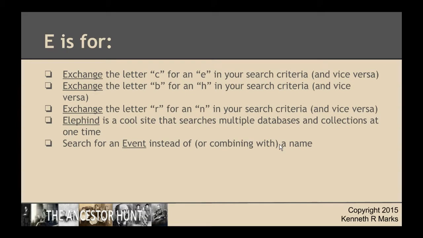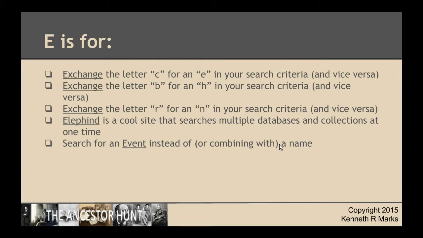Lastly, in the letter E, let's search for an event instead of or combining with a name. If your ancestor was involved in some event, try putting the word from the event in the search terms. I'll give you an example. The 1906 earthquake. A lot of my ancestors were stricken by that.